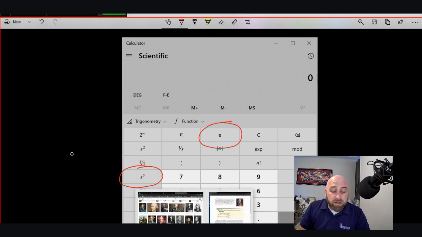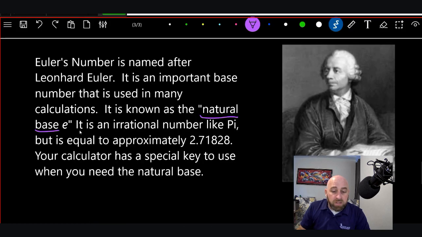It is a very important number, and so let's talk about why it's important. It is important because it's an irrational number like pi, and it equals 2.71828 approximately, so we put some bacon on there, our swervy equal sign.